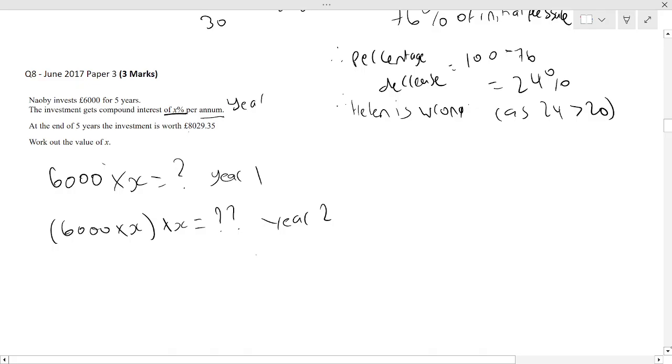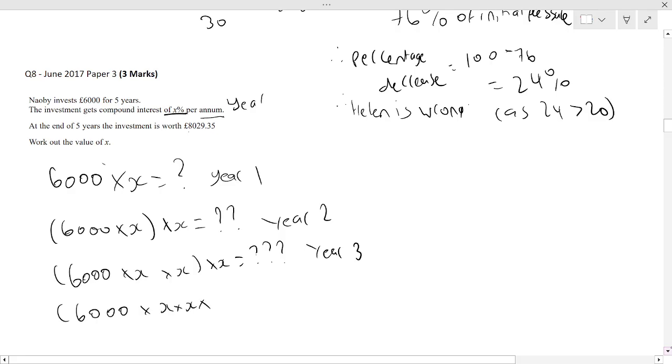And hopefully you can spot in the third year, 6,000 times x, that's our second year value, then we're raising by x% again, so we times it by x. We don't know what that is, so that'll be year 3. Then year 4 again, 6,000 times x times x times x, and then we raise by x%, so times it by another x. We don't know what that is, so that's year 4.